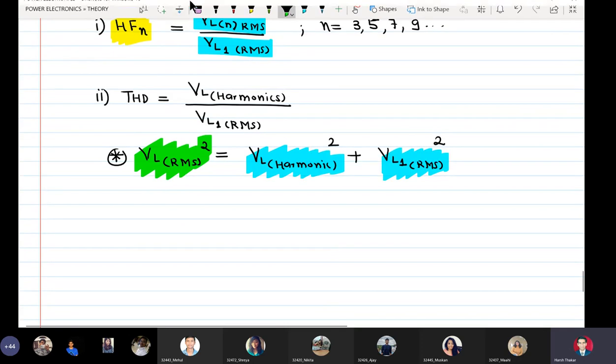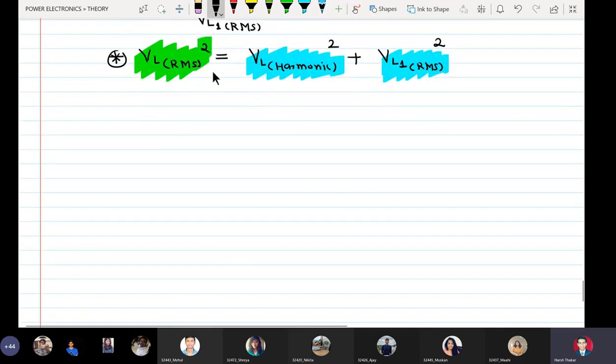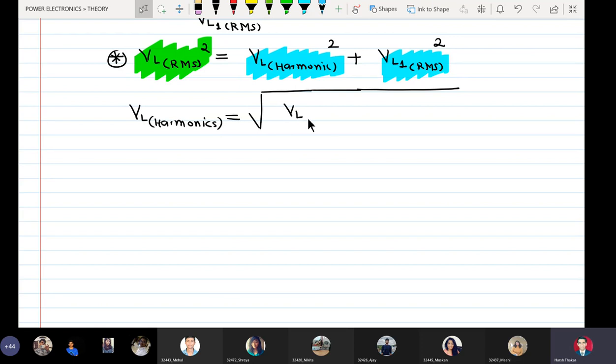So in the numerator of THD, we have written VL harmonics. It's very clear. I can write from here that my VL harmonics will be equal to under root of VL RMS square minus VL fundamental RMS square.